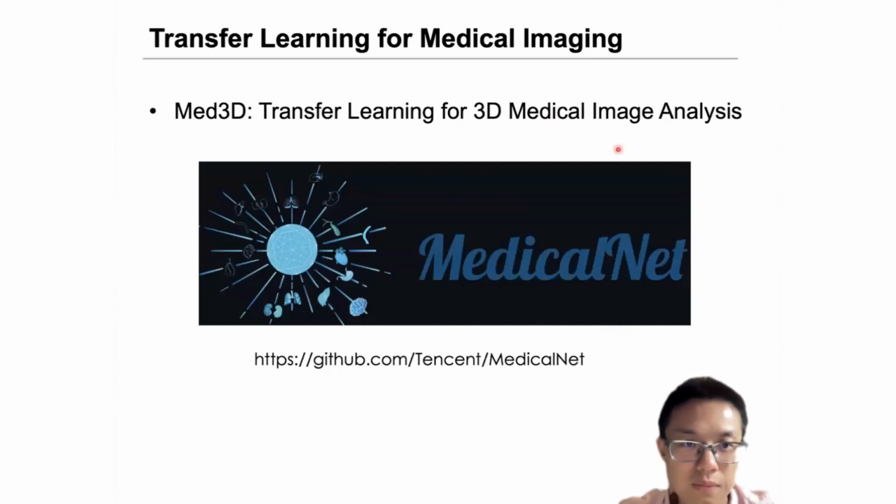And here is an open resource that is specifically designed for transfer learning for 3D medical image analysis. I think they have pre-trained models specifically for medical image computing.